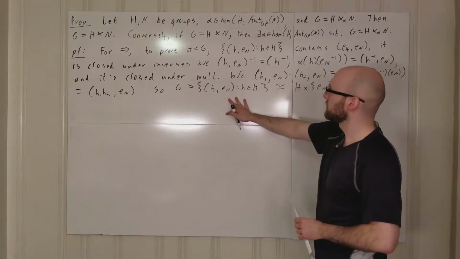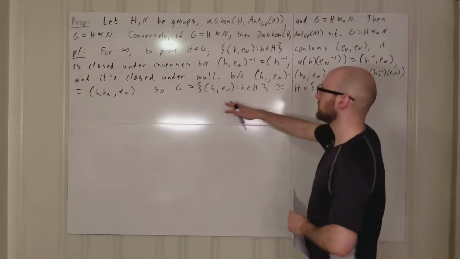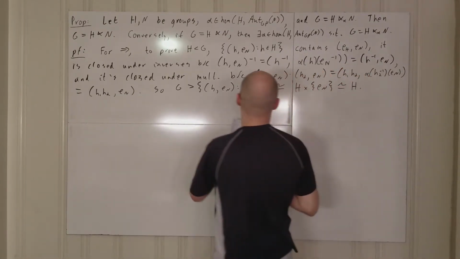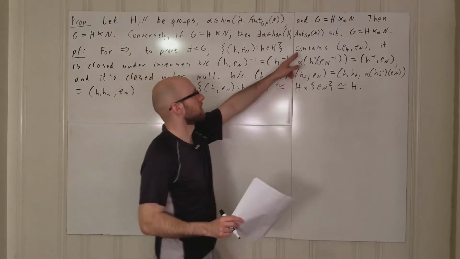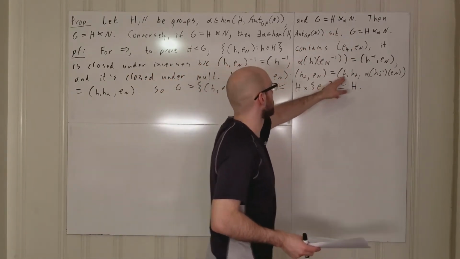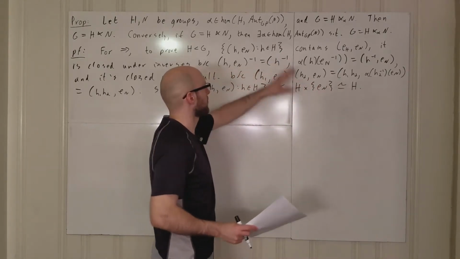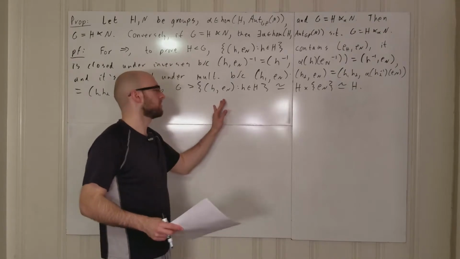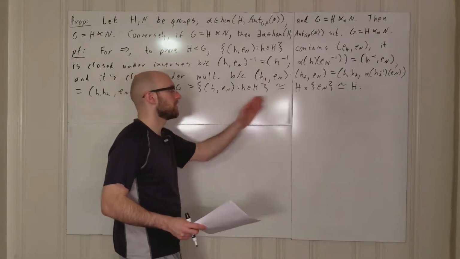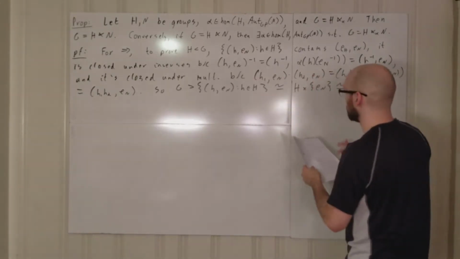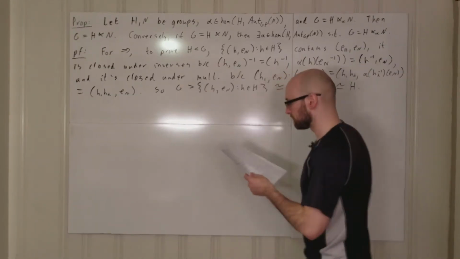If you look at the composition law, even though we have this really weird composition law coming from this alpha semidirect product, it turns out that when we're using that product on this set, it works nicely, and it's just multiplication in H. So this is isomorphic to H cross En, and that's just H. So H is a subgroup of G.